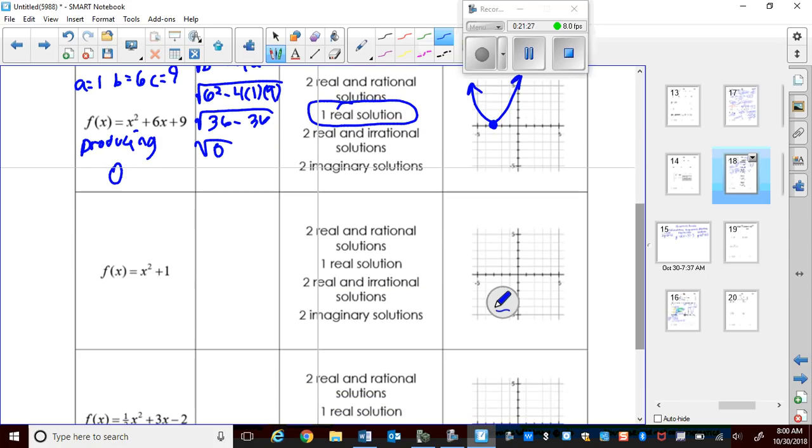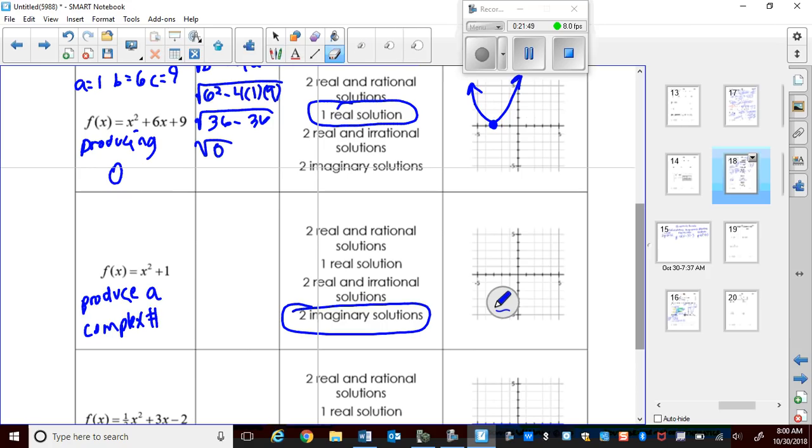For x squared plus 1, you're going to produce two imaginary solutions. Okay? So this is what it's going to look like. Actually, take that back. You're going to produce a negative number under the radical.